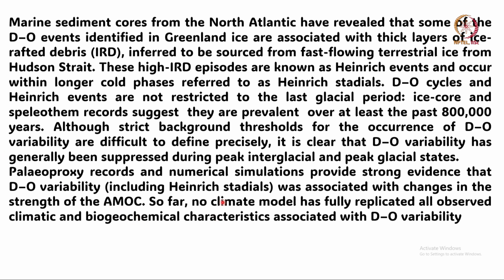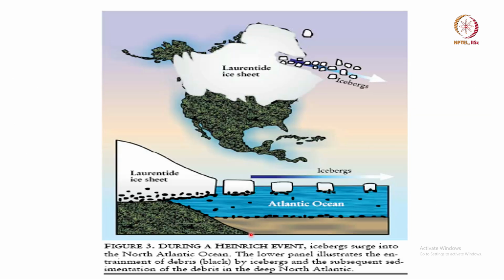Of course, no climate model has fully replicated all observed climatic and biogeochemical changes, but they are pretty good at demonstrating the occurrence of this oscillation, but the details we still do not get all correct.